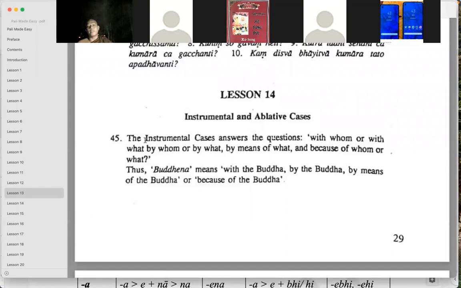So that means the instrumental case is translated using with or by, and also sometimes by means of what or because of what or because of whom, based on context. So the word Buddha with the instrumental case is Bodhina. Later we will learn how it is formed. Now just focus on the meaning. So Bodhina means with the Buddha or by the Buddha or by means of the Buddha or because of the Buddha. In this way, we can translate.